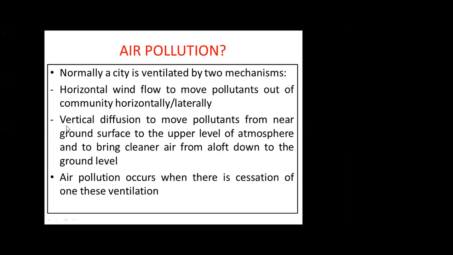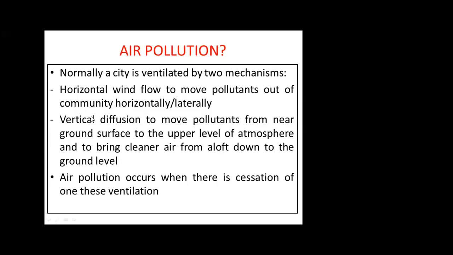This vertical diffusion takes place because the sun heats the earth, it becomes hot, and with that the layer above the earth becomes turbulent, and then the vertical diffusion takes place. This vertical diffusion moves the pollutant from near the ground surface to the upper level of the atmosphere.